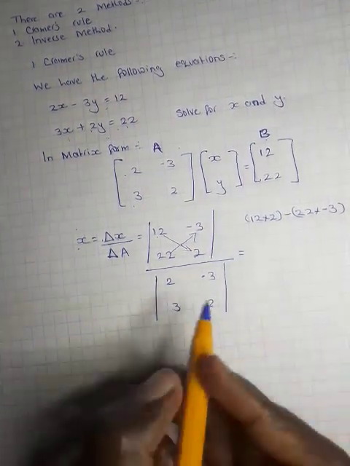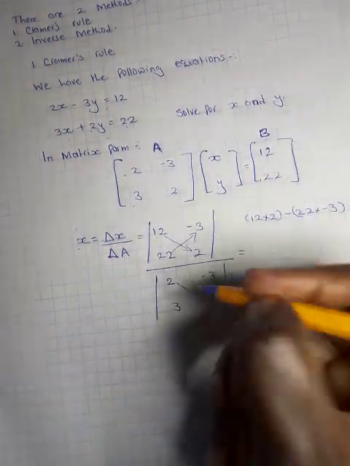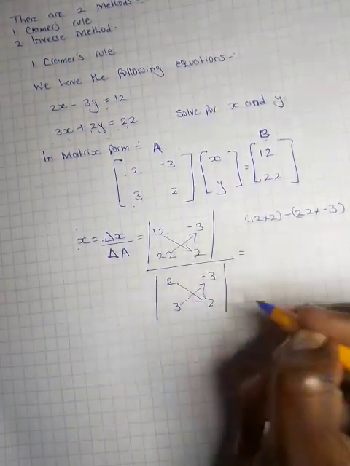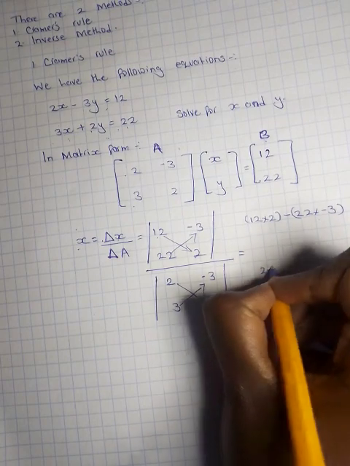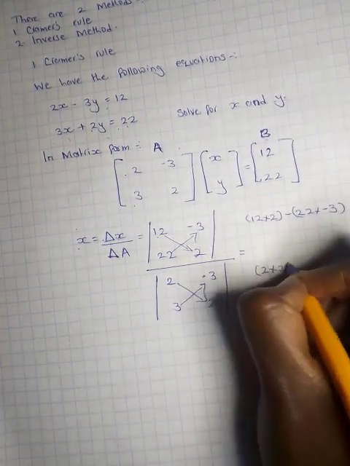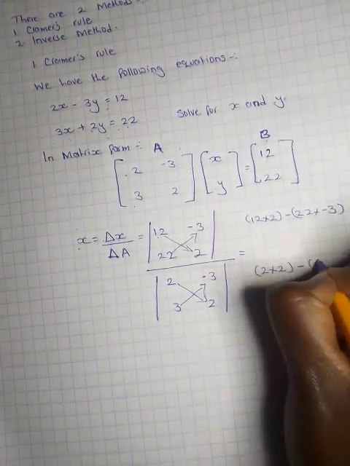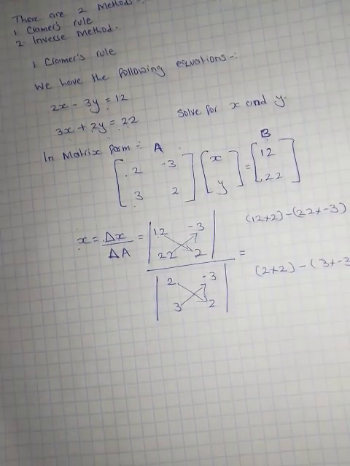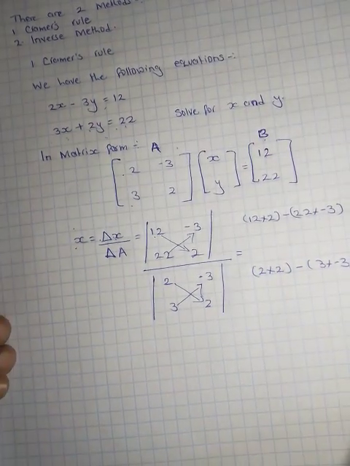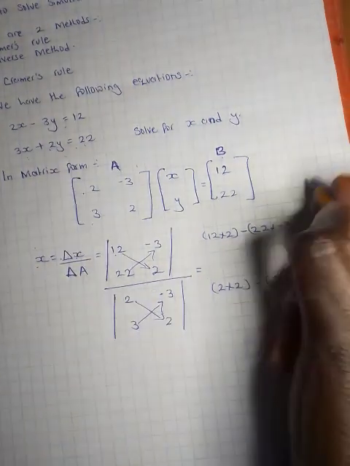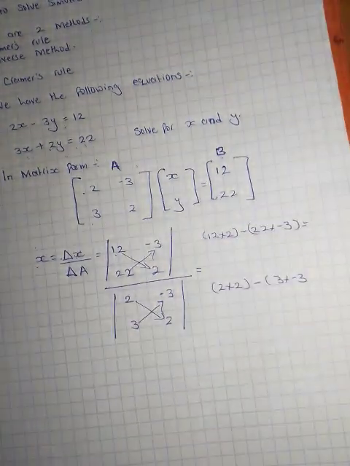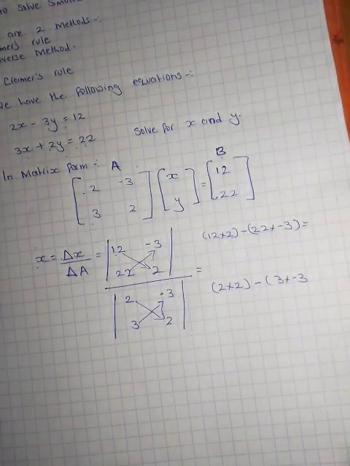How do you get the determinant again for the delta A? That will be 2 times 2, you subtract 3 times negative 3. Okay? Now 12 times 2 minus 22 times negative 3, that's 90.